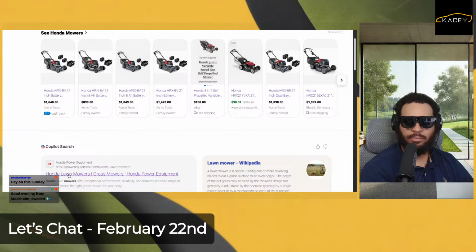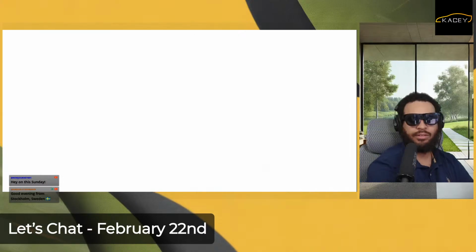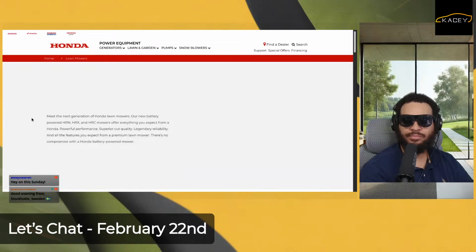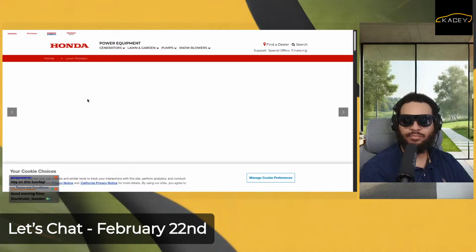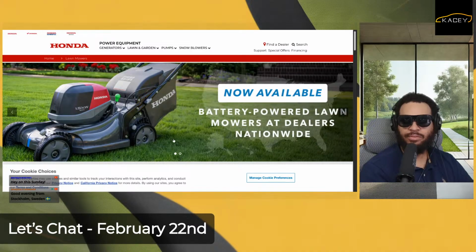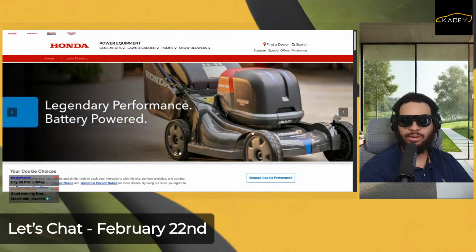Honda Power Equipment on Honda.com. They've got all these different sites, and Honda.com does not get you to any of where you might expect. It's the corporate site. So, or at least it was. Yep, so 1.5 kilowatts. I mean, that's really all they had to do was just get the battery packaged in there and use the decks they already had.